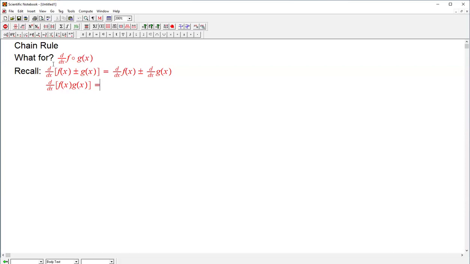So what is the chain rule for in comparison with the product case? f of x multiplied by the derivative of g of x, plus g of x multiplied by the derivative of f of x.